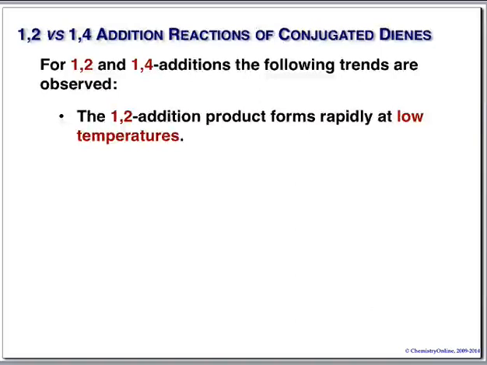All right. This has actually been studied a lot. Turns out that the 1,2 forms rapidly at lower temperatures. So if you wanted to make only 1,2, you would just run it for a little bit and keep your temperature fairly low.